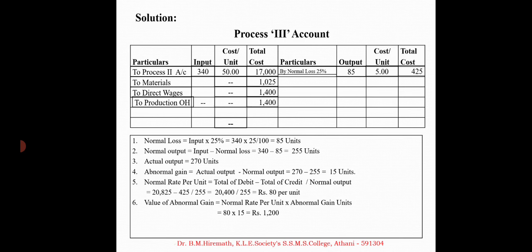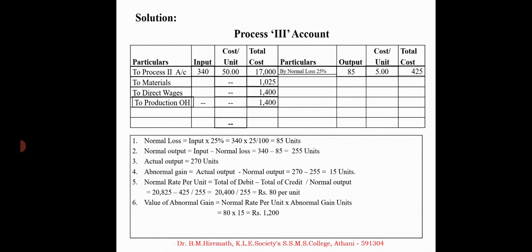Here expected units were 255, but we produced 270 units. There is a gain. There is more production than the expected production. So that is called abnormal gain. Let us see how many units of abnormal gain there are.